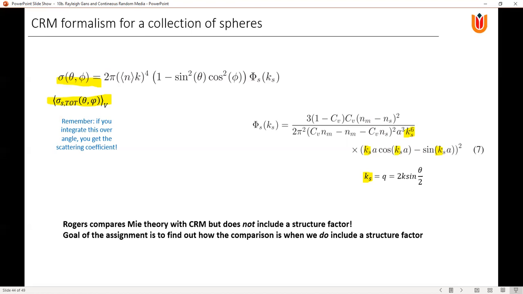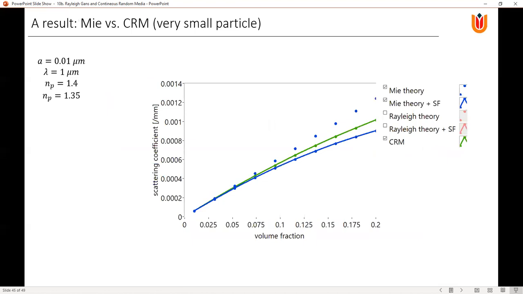Whereas we have found that if you have many particles, you should include that structure. So my goal for you is to try to find out if we do include the structure factor, is the validation better than in that case?